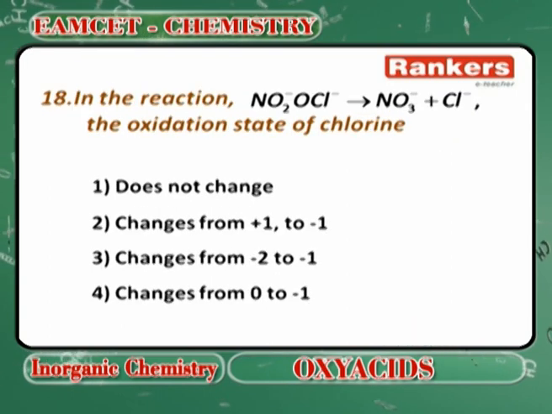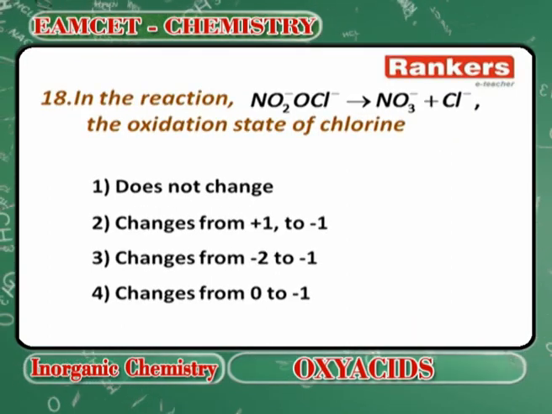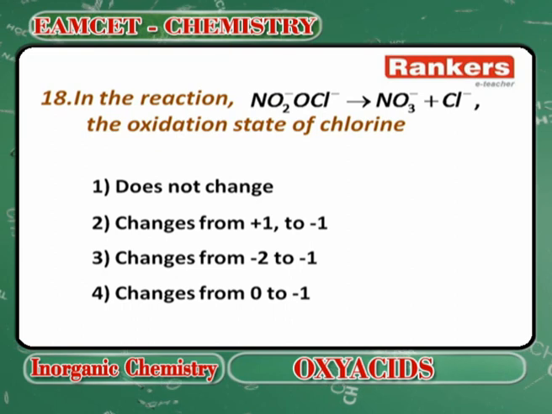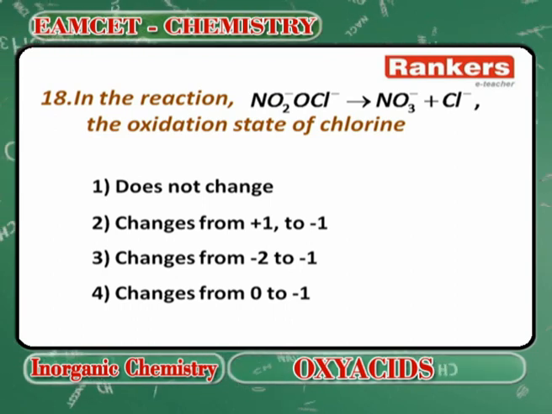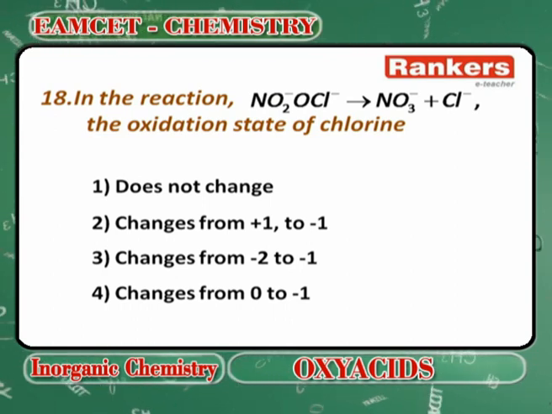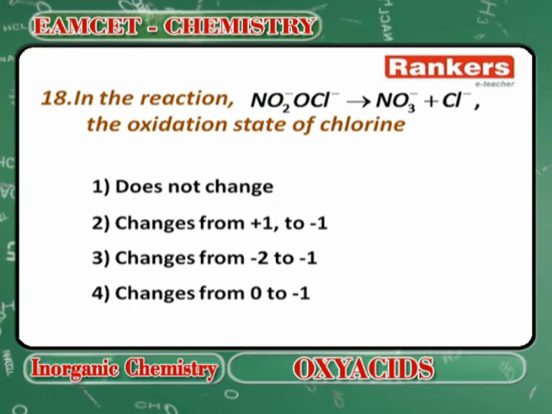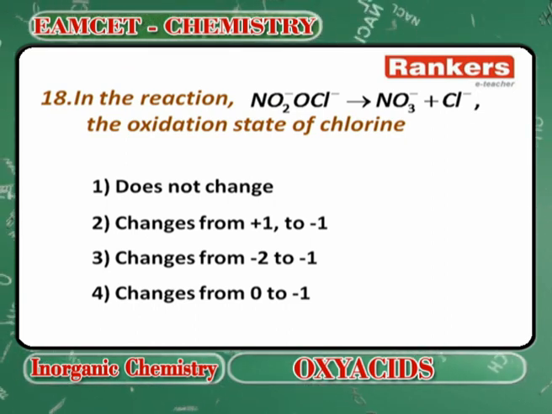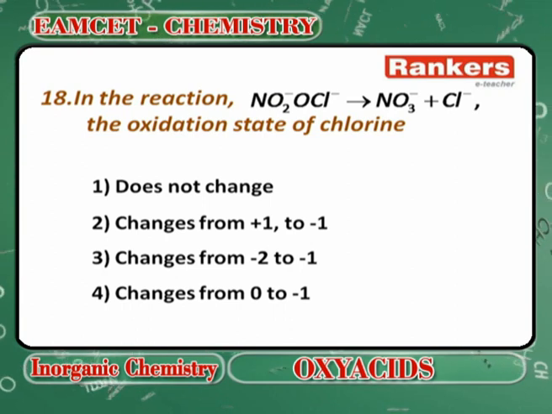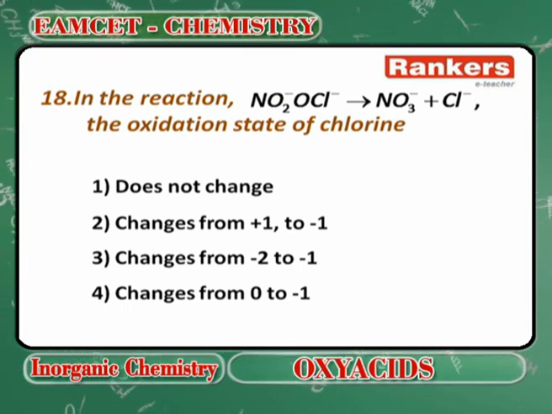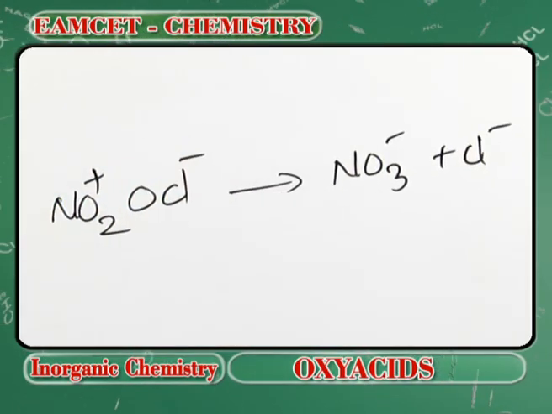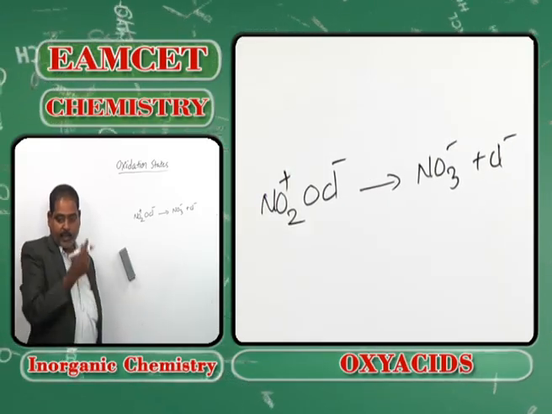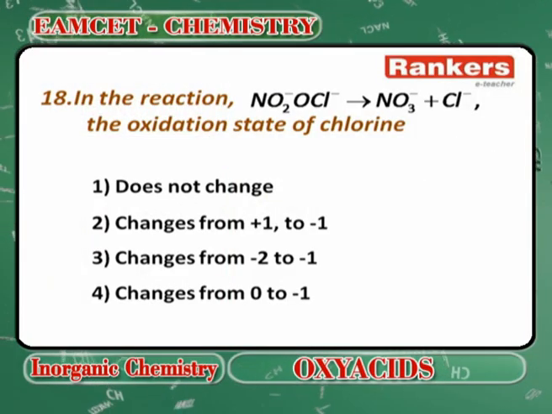Next, the reaction, let me see the question. NO2OCl changes to NO3 minus and Cl minus, via NO2 plus and OCl minus.